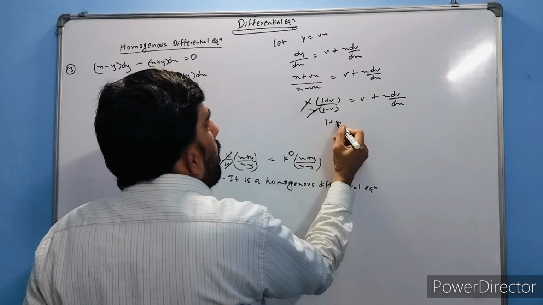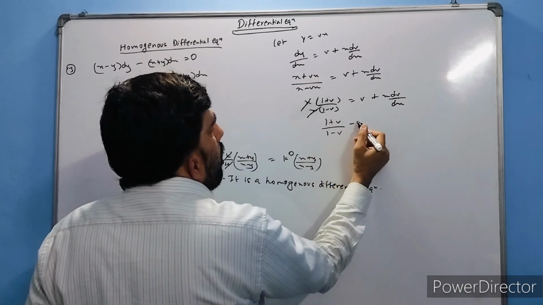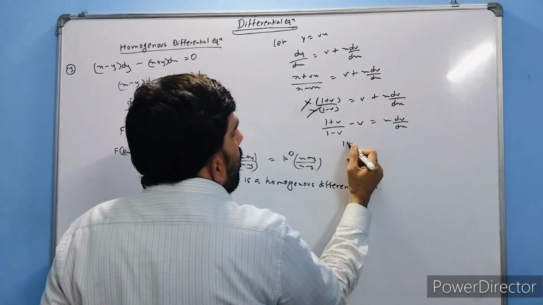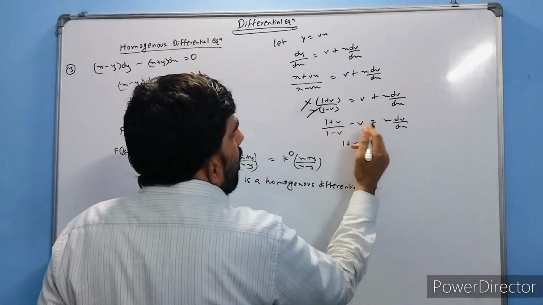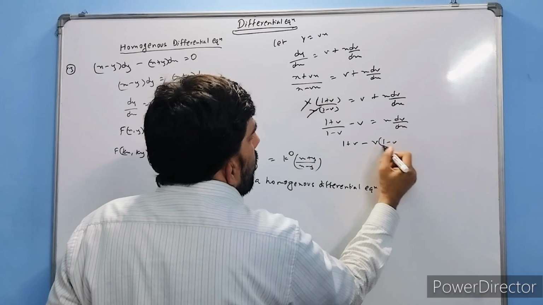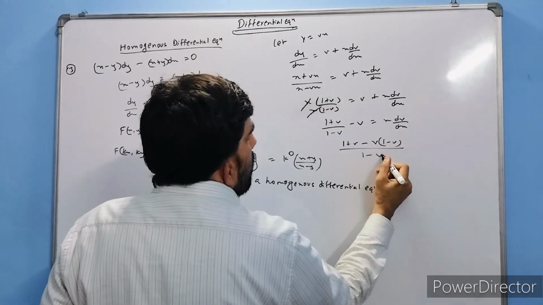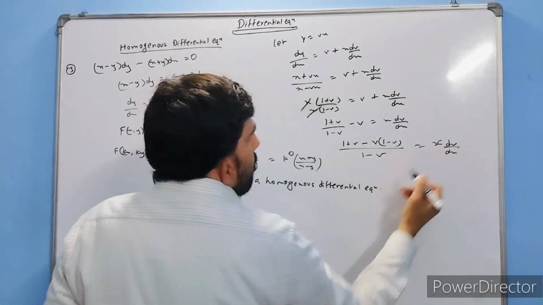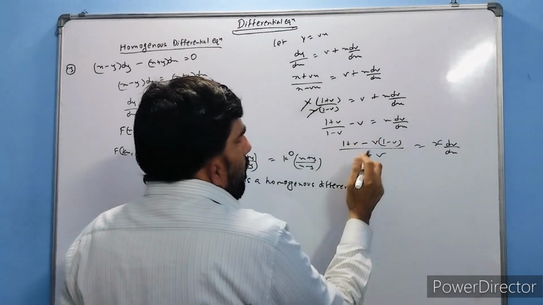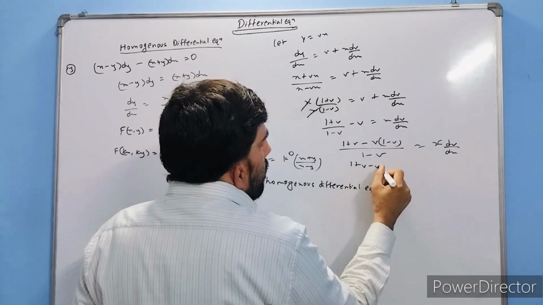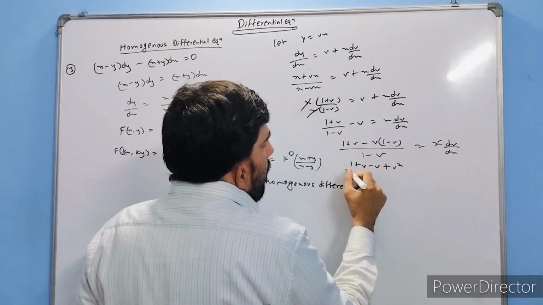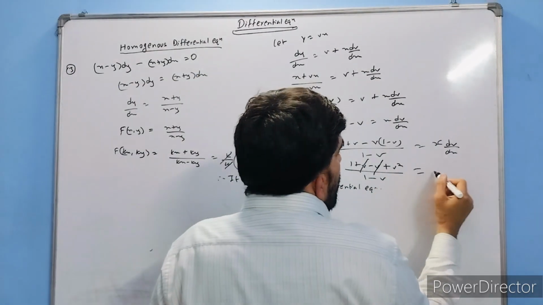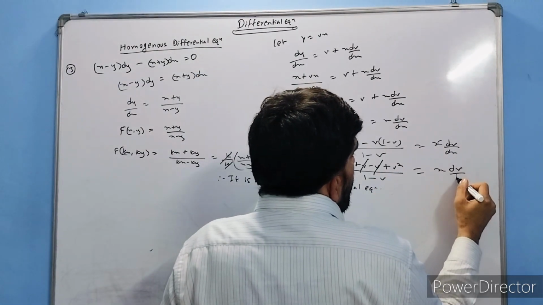Now 1 plus v upon 1 minus v minus v is equal to x dv upon dx. If I take 1 minus v upon 1 minus v, then open the bracket: 1 plus v minus v plus v square upon 1 minus v is equal to x dv upon dx.